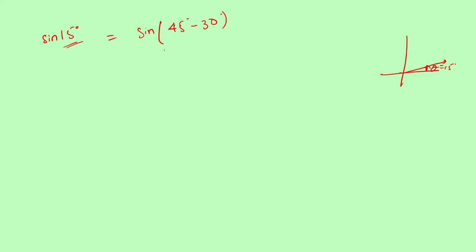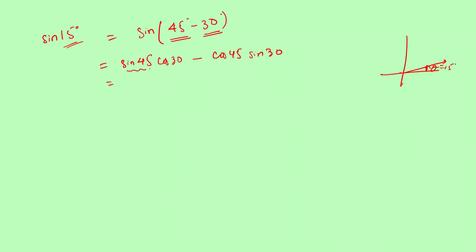And now we can apply the previous formula. Sine of (A minus B) is sine A cos B minus cos A sin B. So you think of this angle as angle A and this angle as angle B. So what you get is sine A cos B minus cos A sin B.